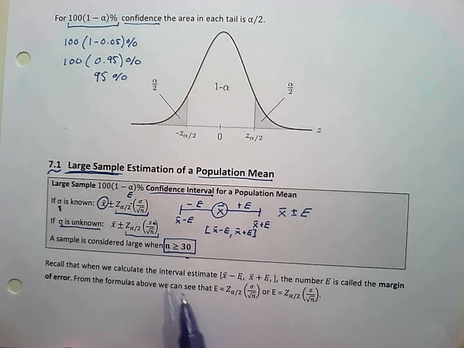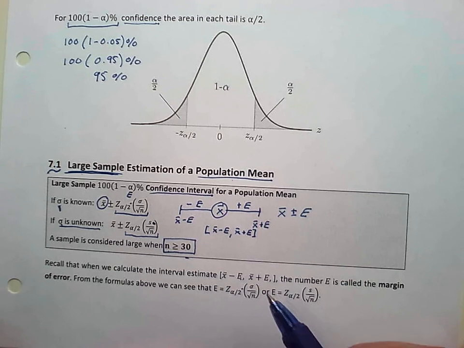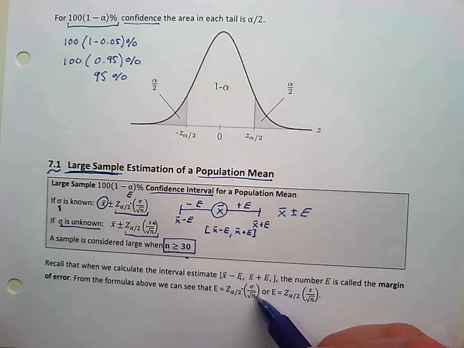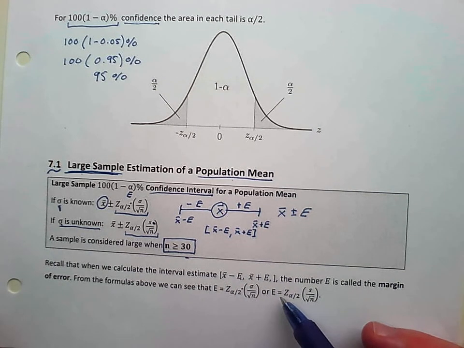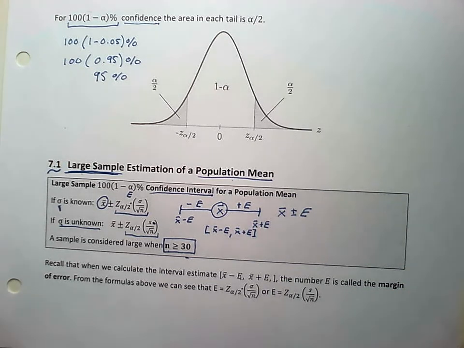It's given by either z sub alpha divided by 2 times sigma divided by the square root of n if we know sigma, or if we don't know sigma, then E is equal to z sub alpha divided by 2 times s divided by the square root of n.